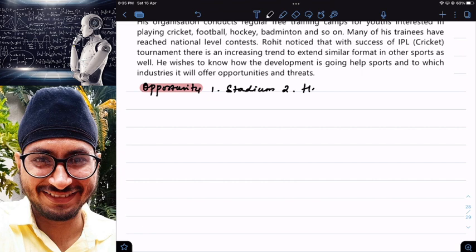Then hotel industry, sir. Hotel industry is another industry which may have an advantage because when players travel from one city to the other city to play the tournament, obviously we need to book hotels. Then manufacturers of sports equipment.